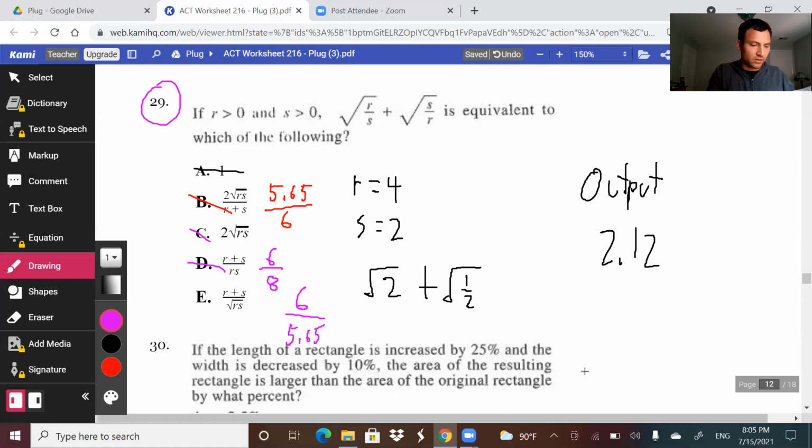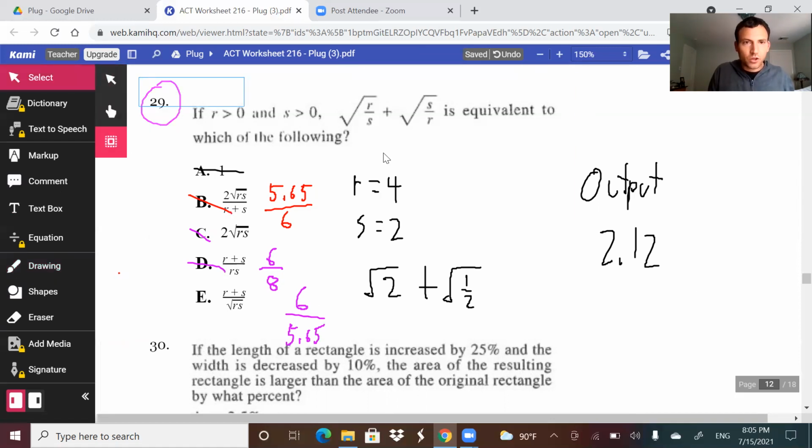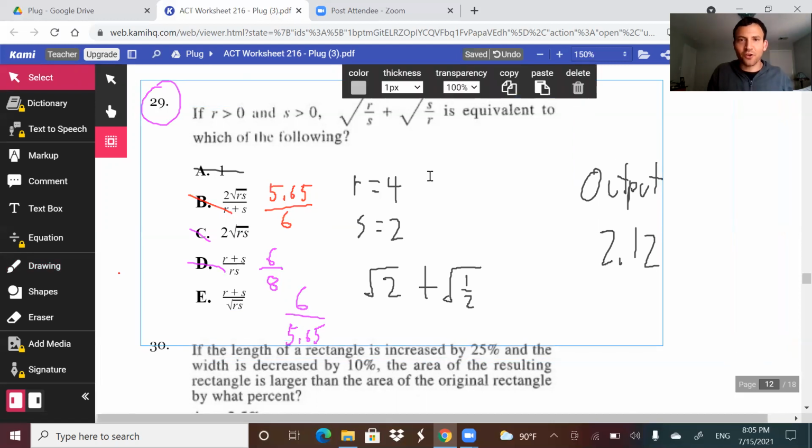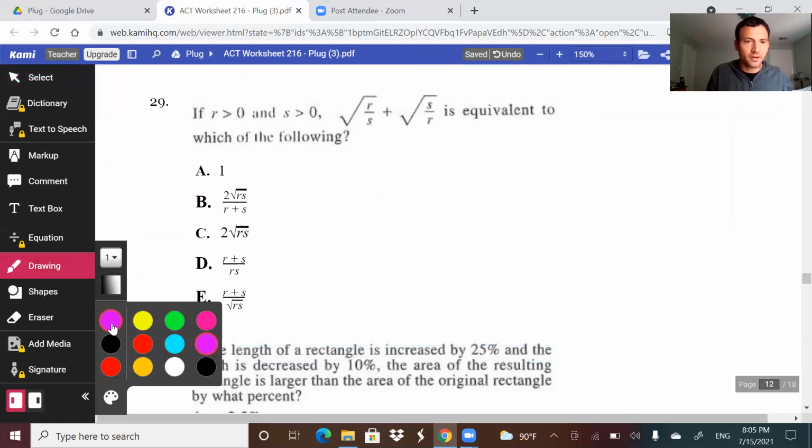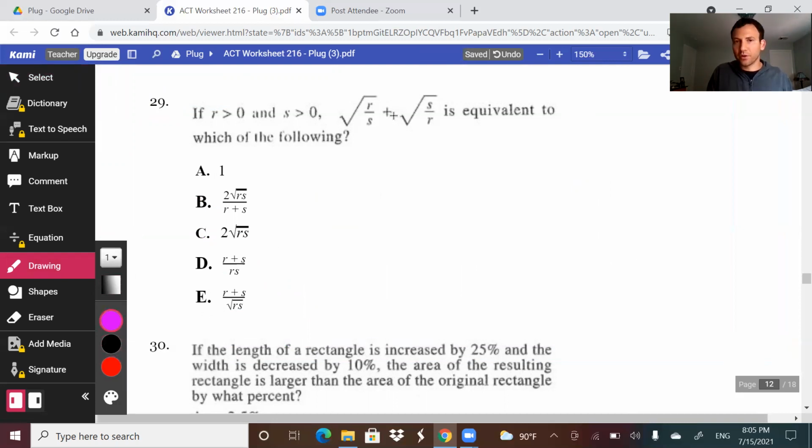So 6 divided by 5.65, well, that's not going to match our output either. So I definitely screwed something up here, which doesn't bode well for your confidence in this strategy. I completely understand. But let's go back and take a look at everything. And then I will do this one algebraically, by the way. I promise I'll do that as well.